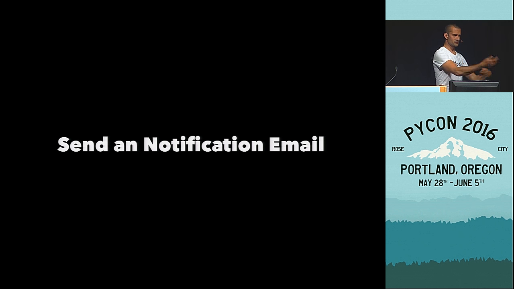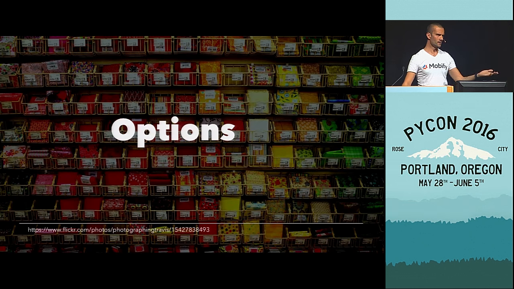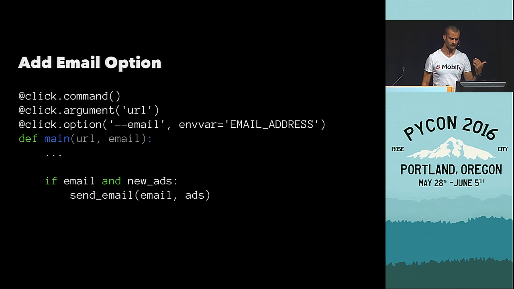As I said, this is sort of the example sending out an email. So let's add an email address that we can use to actually send the email to. And this will basically look a little bit like that. --email is the option, and then I specify the email address on the command line, and it adds sending out an email using an SMTP of some sort. So we're looking at options now. And again, another decorator that we just add on top of that.